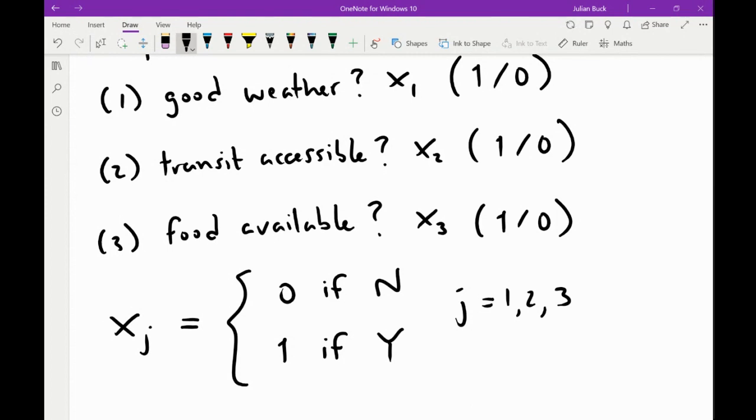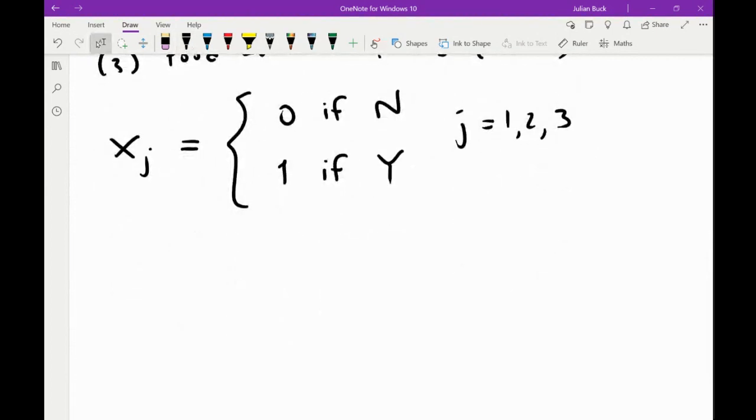Okay, so each of our features, in this case our variables, consists of a binary response, a yes or no response. So the inputs are going to be 1s and 0s, but the idea is that we can weight these, multiplying them by constants to change their relative values.